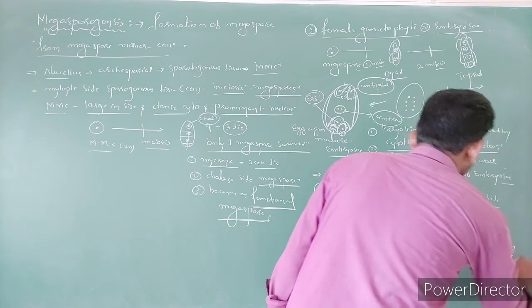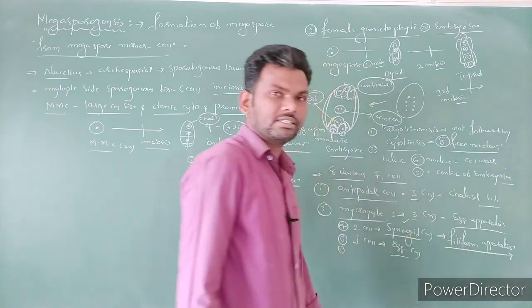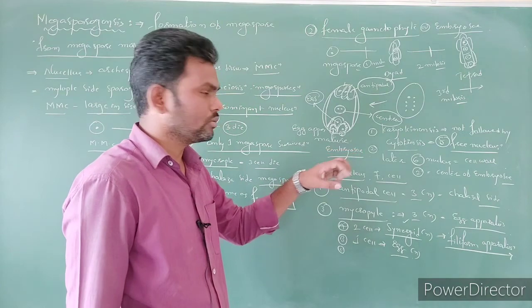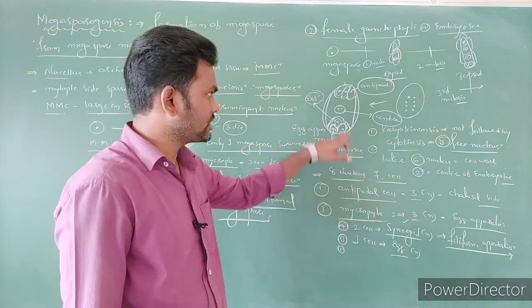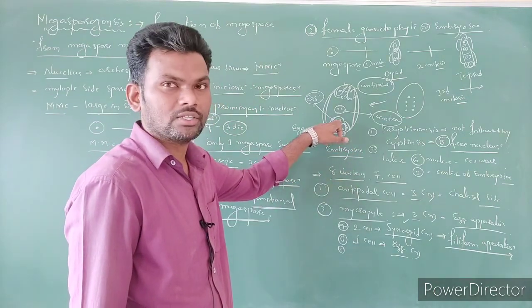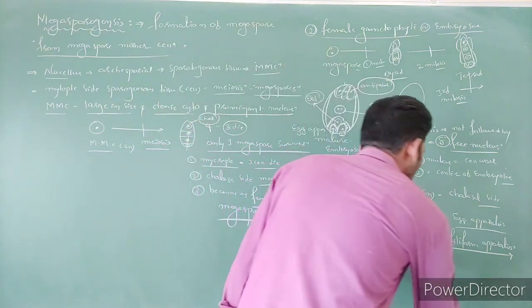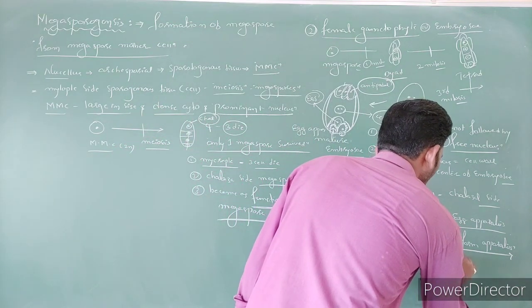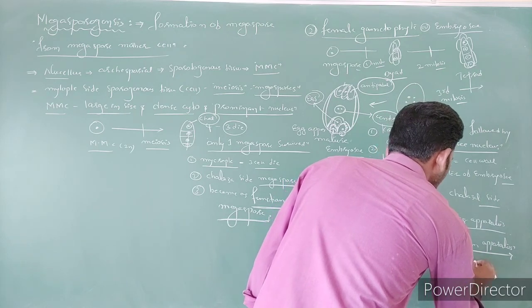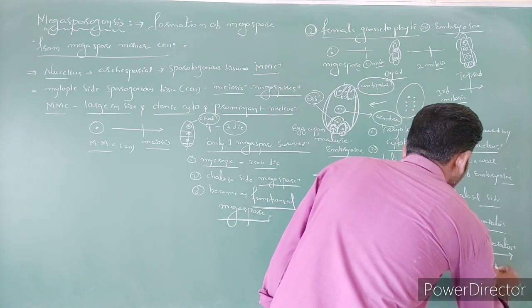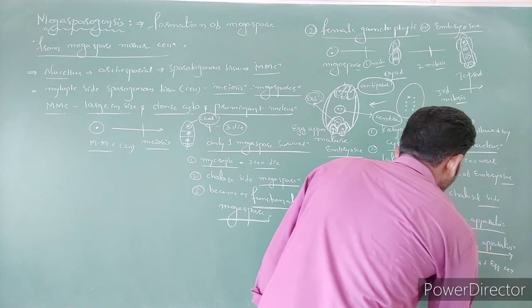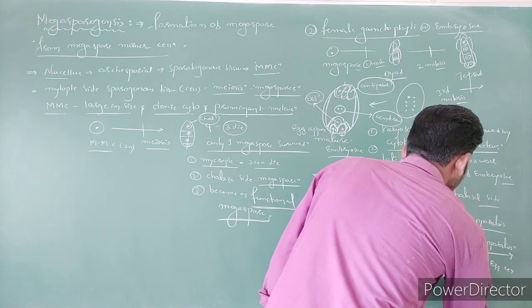Such a structure is found only on synergid cells, which help to guide the pollen tube towards the egg cell. It is useful for fertilization of the male gamete with the egg cell.